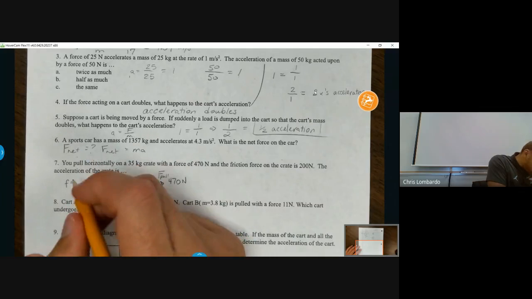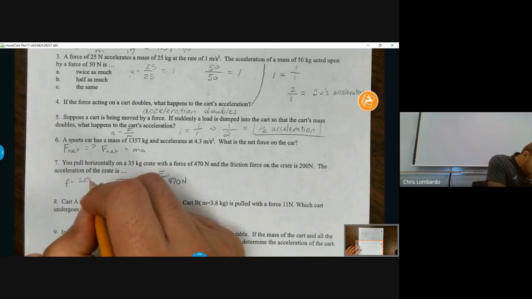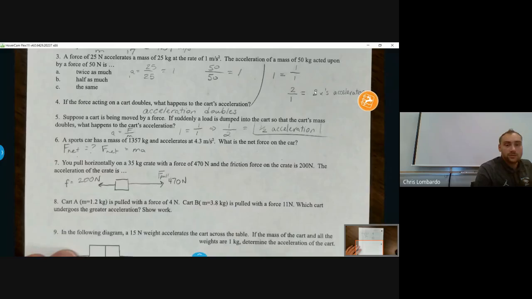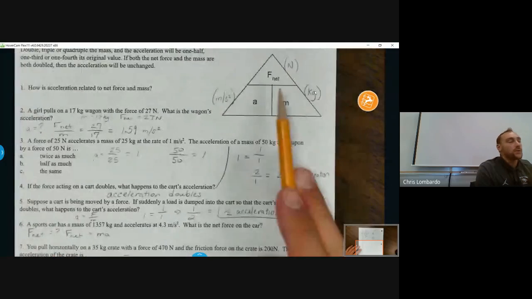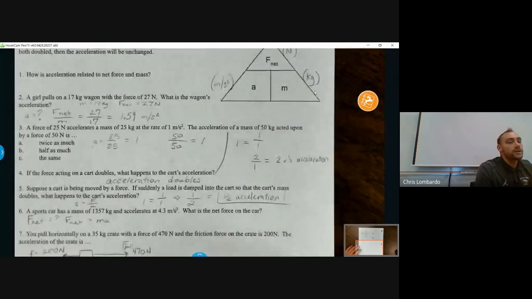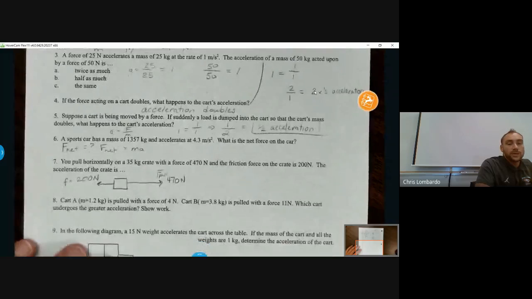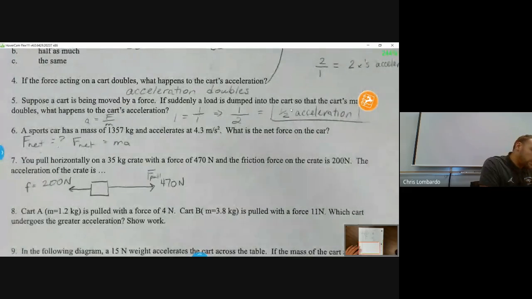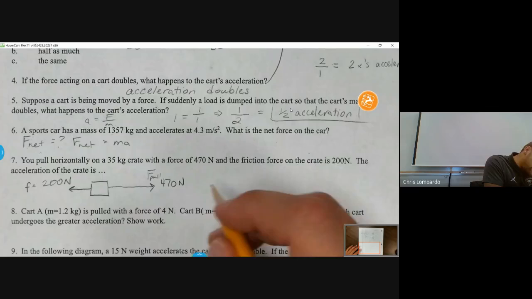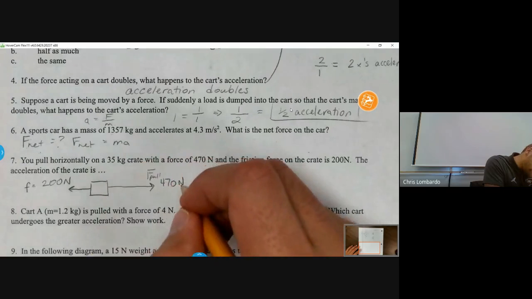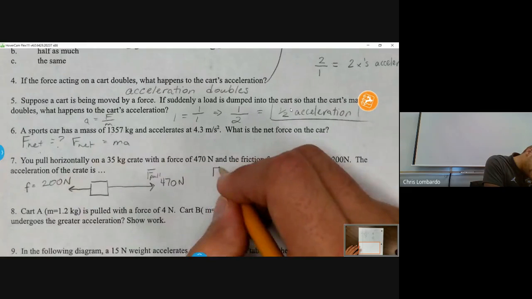So friction is 200 newtons. Remember, in this equation, we need the net force. Net force is only one thing. So by kind of drawing this out, if you have forces in opposite directions, to get the net force, you're going to wind up subtracting them. So what would the net force be here? 470 minus 200.